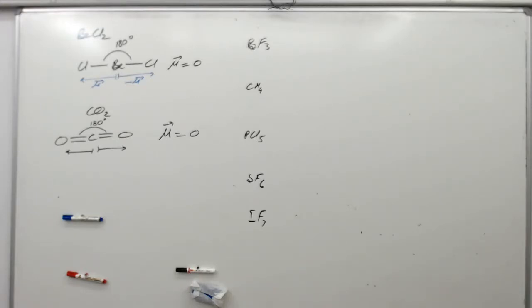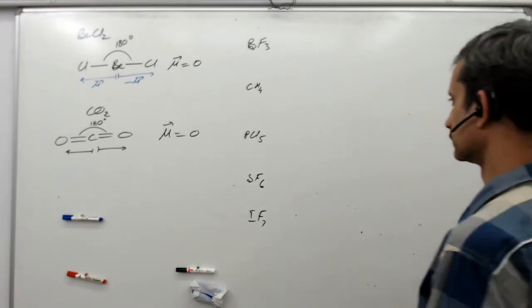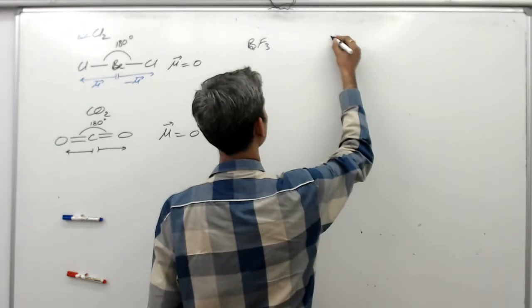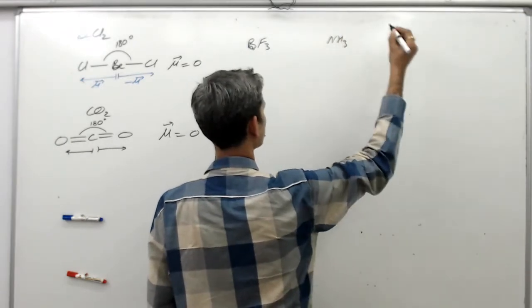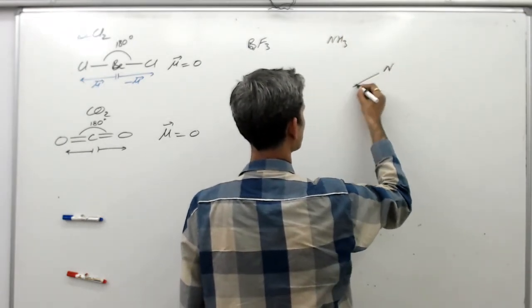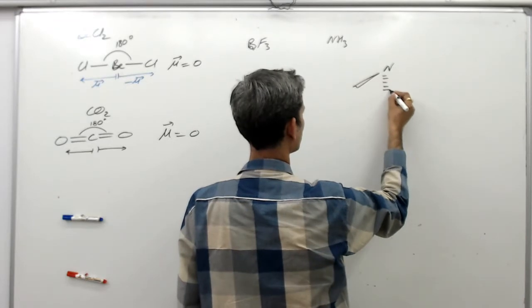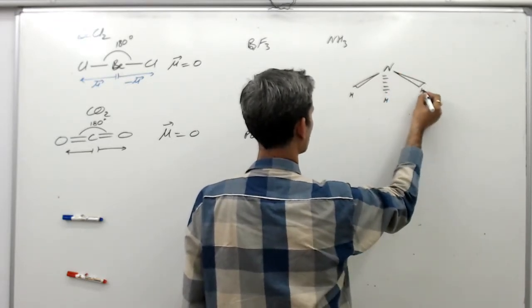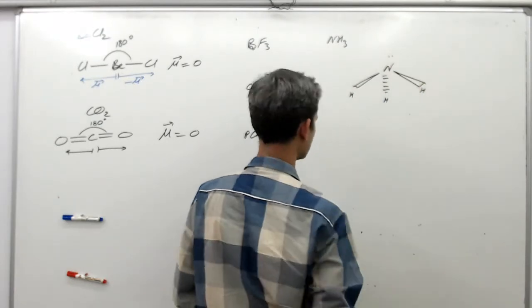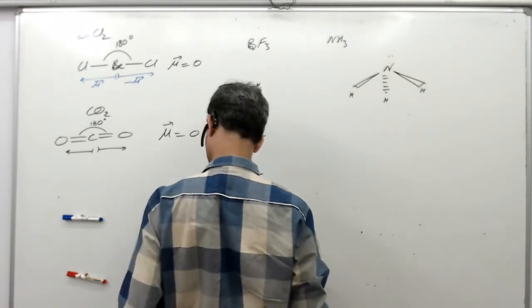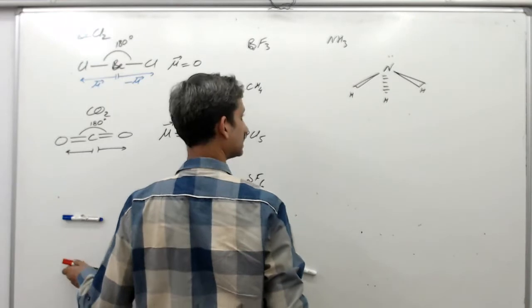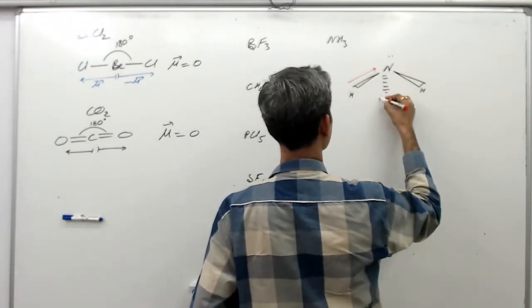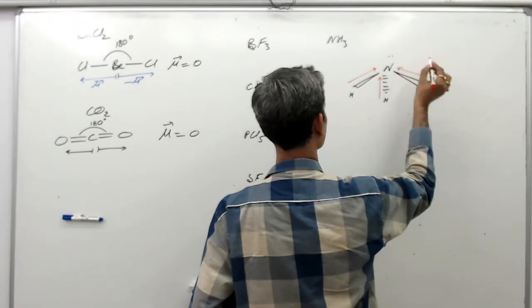Okay. Now let's talk about another molecule, and that's another famous molecule called NH3. Now if I make the structure of NH3, it is going to be nitrogen along with hydrogen, hydrogen, hydrogen, and a lone pair. Now if I talk about the dipole moments, one is in this direction, another one in this direction, another one in this direction.